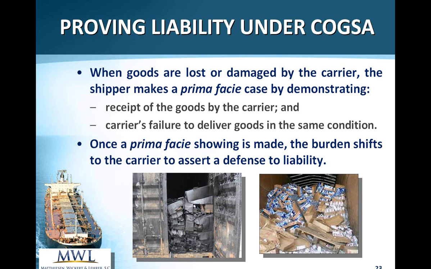It would be difficult and, in fact, impossible for a shipper to be able to demonstrate where the goods were damaged, how the goods were damaged, what acts of negligence led to the damage, and therefore, similar to Carmack, you see that all that a carrier must do to demonstrate a prima facie showing is demonstrate that the carrier received the goods in good condition, and that they failed to deliver the goods in the same condition in which they were received.